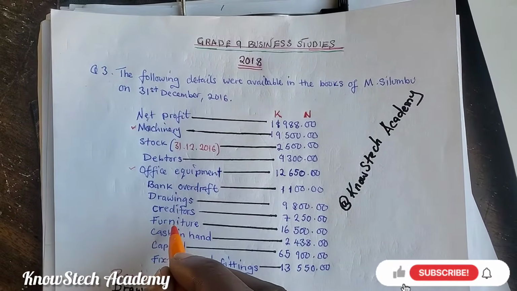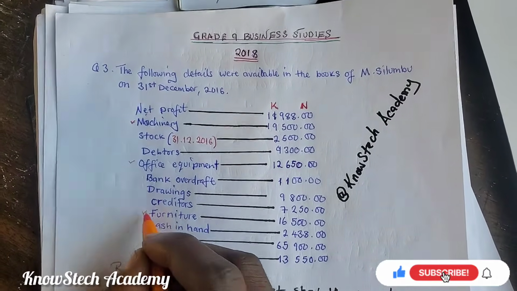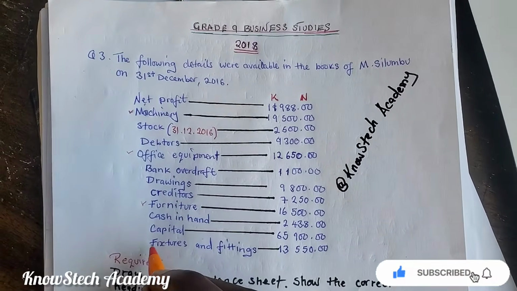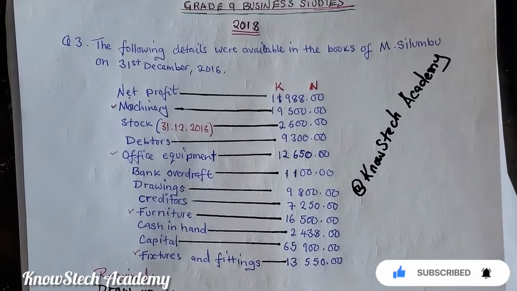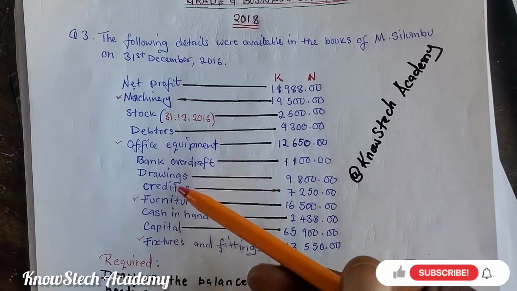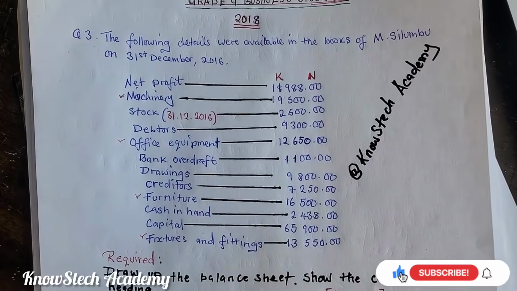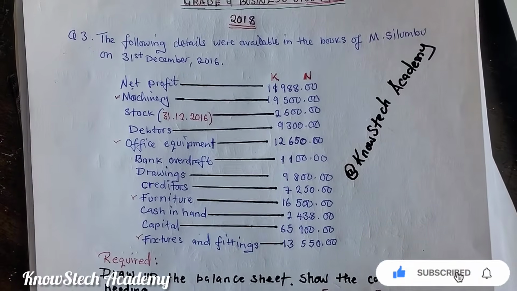Furniture is also a fixed asset. Then fixtures and fittings are also fixed assets. So we have identified four fixed assets.